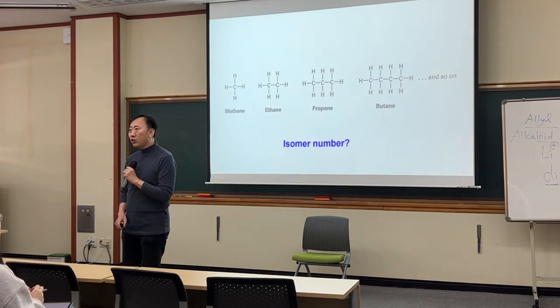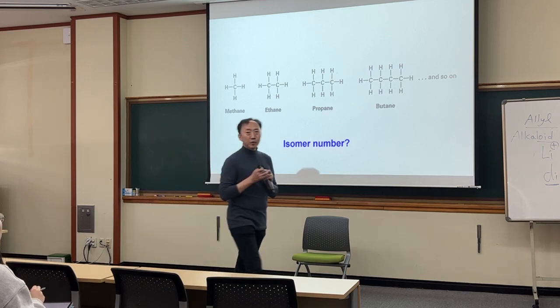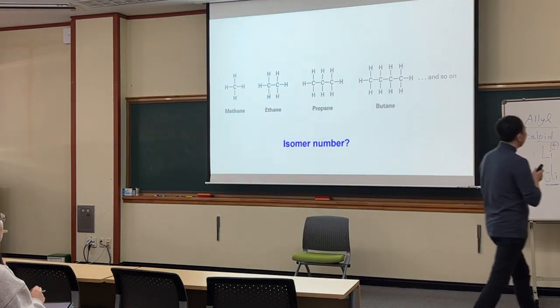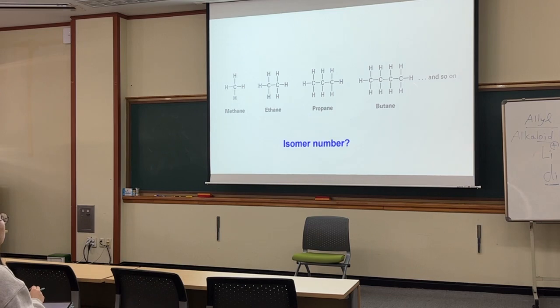Propane C3H8. How many isomers are there? No isomer. Butane C4H10. How many isomers are there? 2. Can you draw them? Who said 2?